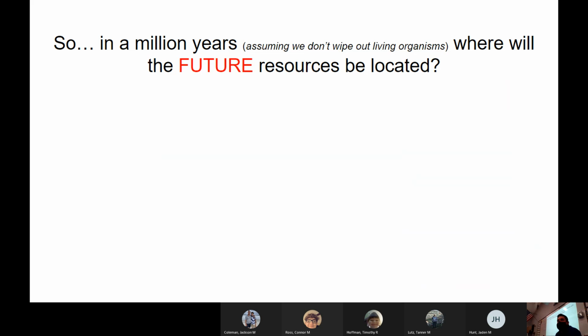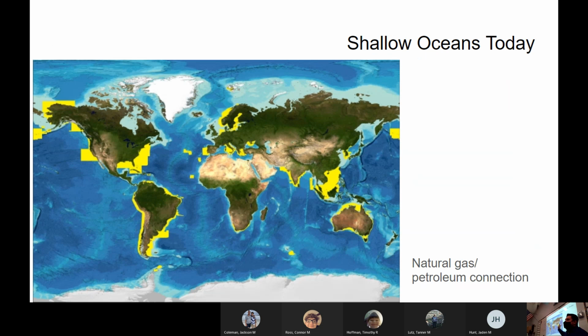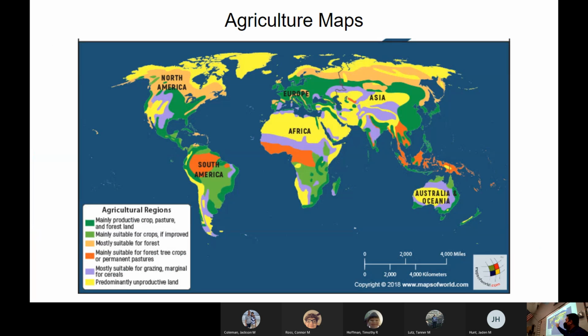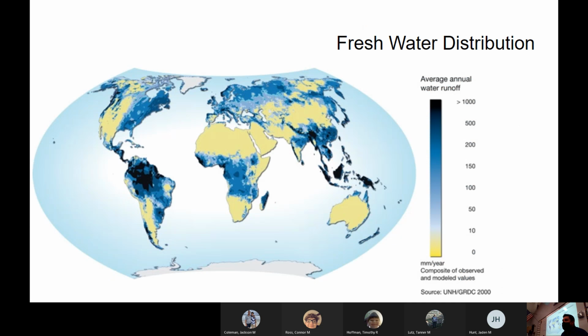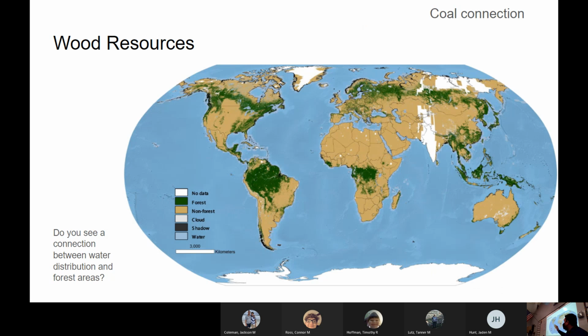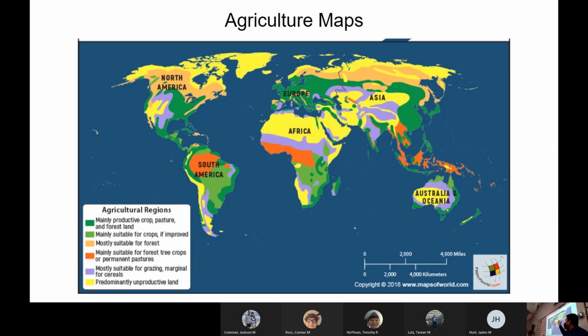But ultimately, I just want to end with the idea that in every single map I showed you, the United States is a very fortunate country. We have water. We have woodland. We have farming, agriculture. We have oil, we have gas, we have coal, okay? We have people.